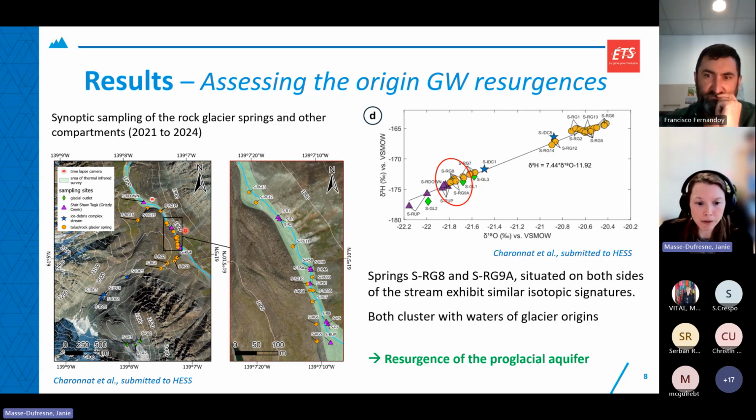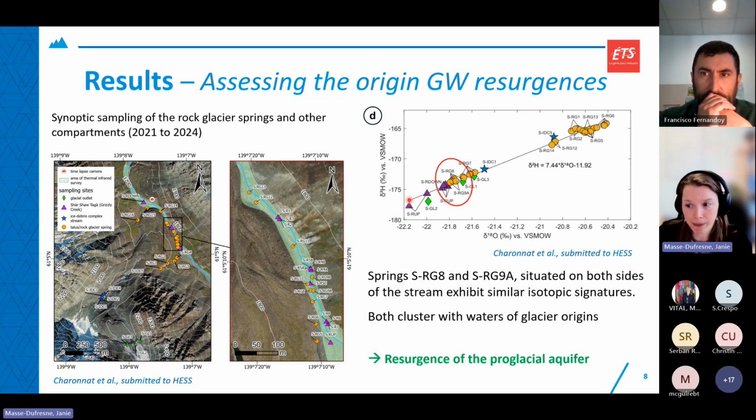So two springs appeared really interesting. It's actually the ones that we named 8 and 9A. These two springs are located on each side of the stream there, in a really narrow section. And with isotope signature, we've been able to understand that these springs actually have a groundwater contribution.